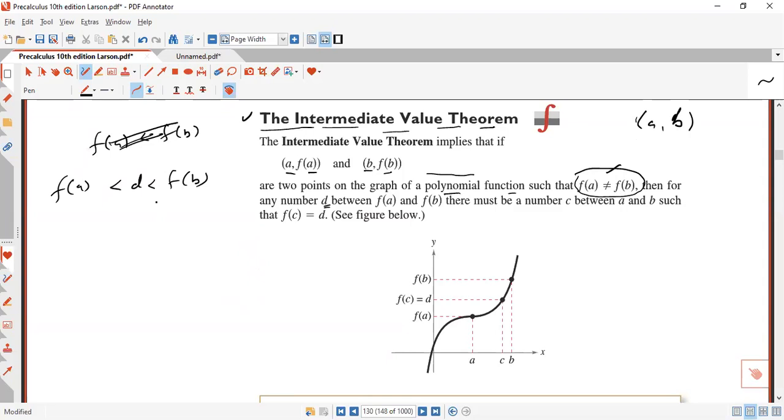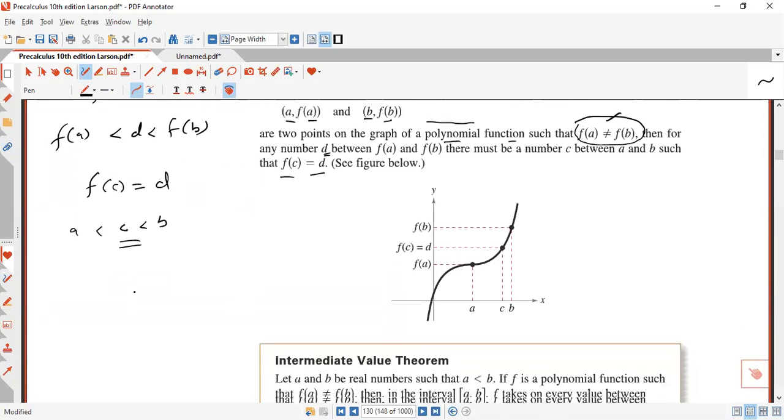So there is a D in between f of A and f of B, such that f of C will always equal D. And where will C be? C will be in between A and B, in your domain.